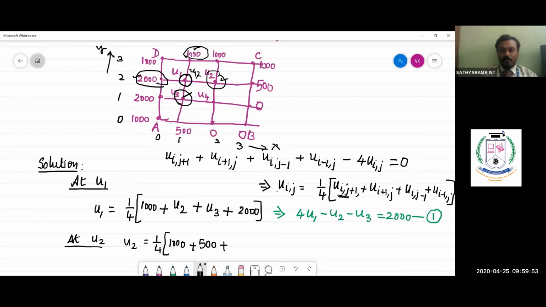Then we have u i comma j minus 1, that is the point below, that is u4, plus the point to the left hand side, that is going to be u1.